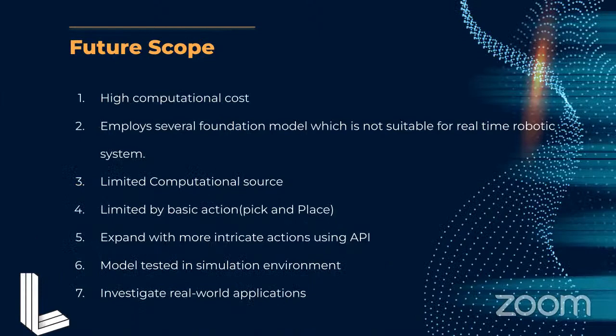Yeah, so this is our future scope. As I said, our model has a high computational cost, and we can work on reducing the cost. Employing several foundation models is not suitable for real-time robotic tasks. So our model worked on some tasks which are not suitable for real-time. We will work on real-time situations and perform real-time tasks with robots.